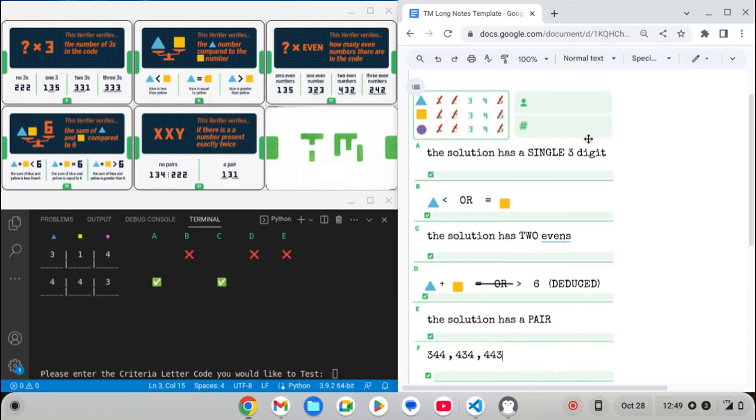Okay, so based on criteria card B, I should be able to cross out something. And that is that triangle cannot be greater than square. So that means it cannot be 4, 3, 4. That breaks criteria card B. Is that correct? Yeah.